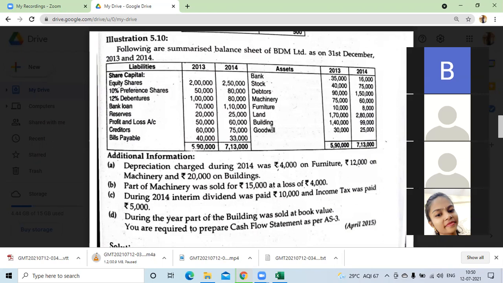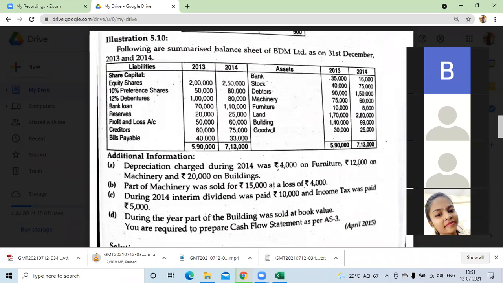Where in operating? Non-trade. Priya, where in operating? Non-cash and non-trade. Non-cash. Very good. Non-cash, because you cannot see goodwill. You're not going to pay somebody in the name of goodwill written off. You're not going into the market to pay somebody, saying please take, this is my expense. It is only for recording purpose.